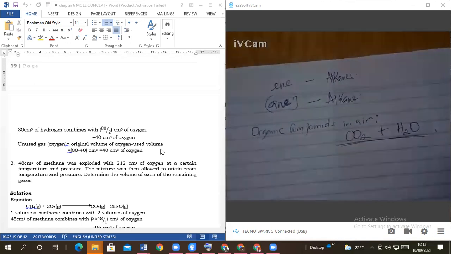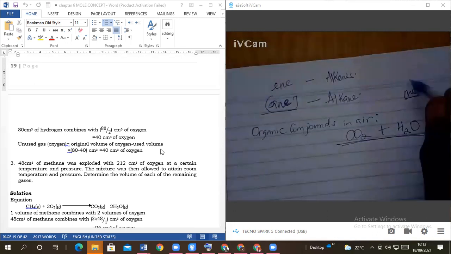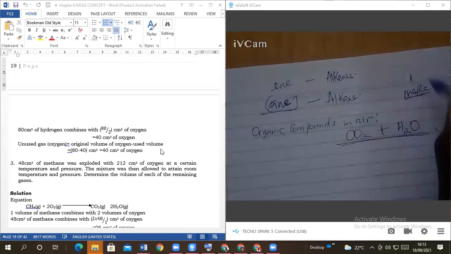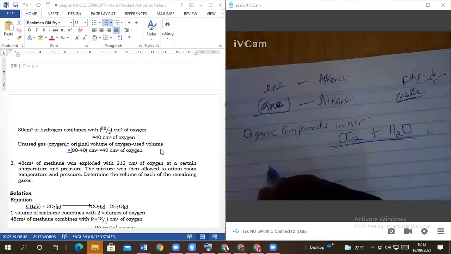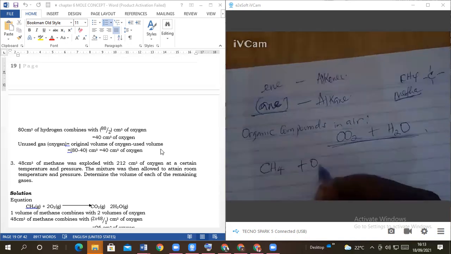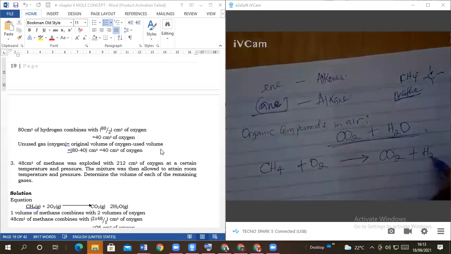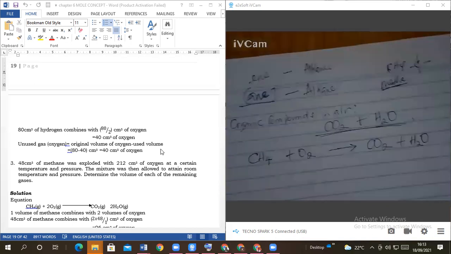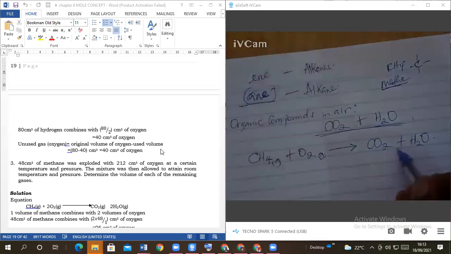So any organic compound, if they say methane, it has how many carbon atoms? 1. If it is an alkane, it is CH4 because carbon has a possibility of bonding with 4 other atoms. So methane is CH4 in the presence of oxygen. The end product is carbon dioxide and water. What follows next is to write the states. This is a gas. This is water. Is it a gas?